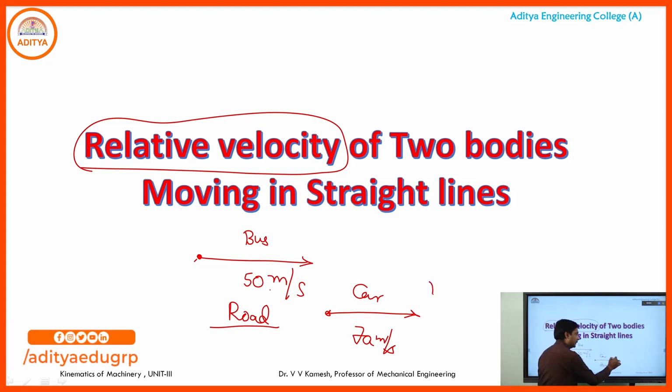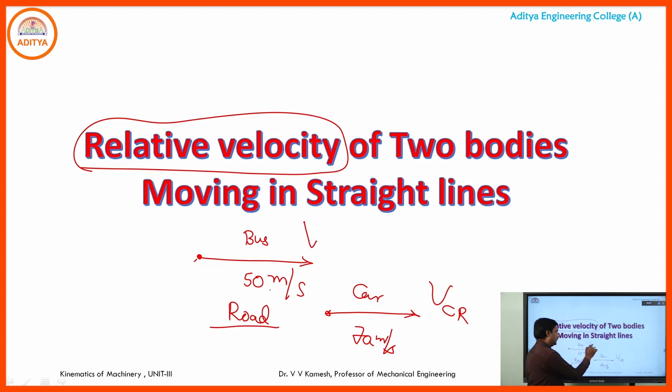Relative velocity of the car with reference to the road. This is the relative velocity of the bus with reference to the road. So we are taking the road as the standard item to compare the velocity of the bus and car. Whenever the relative term comes, we are comparing with others, with another static body or another moving body.